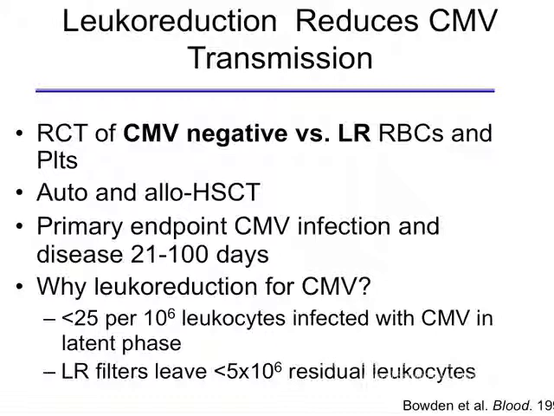And this was just red blood cells and platelets. And these were in autologous and allogeneic stem cell transplant patients. And the primary endpoint was CMV infection, which is a serologic diagnosis, and CMV disease, which is the incidence of clinically evident CMV infection.